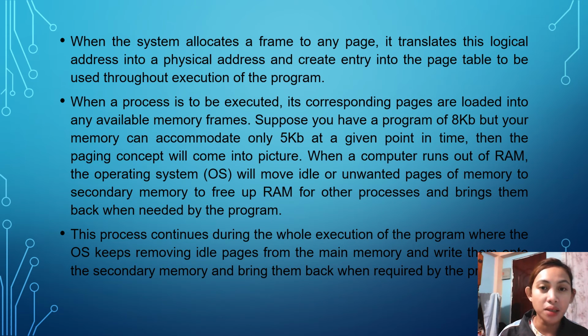When the system allocates a frame to any page, it translates this logical address into a physical address and creates an entry in the page table to be used throughout execution of the program.